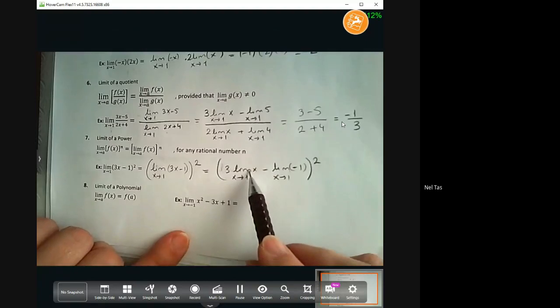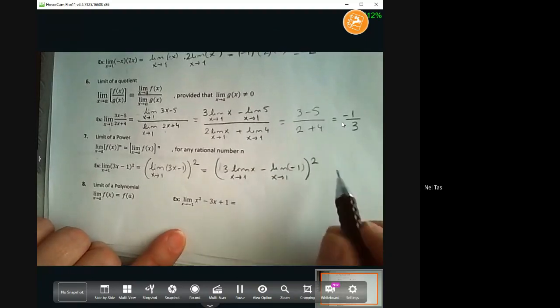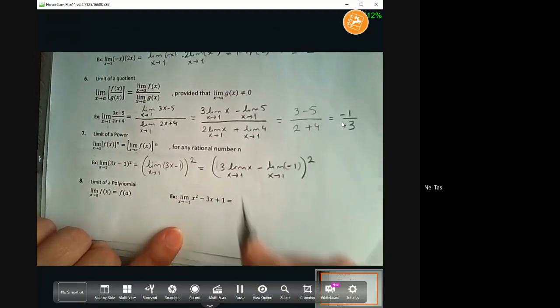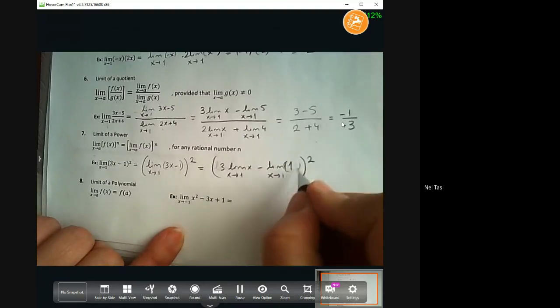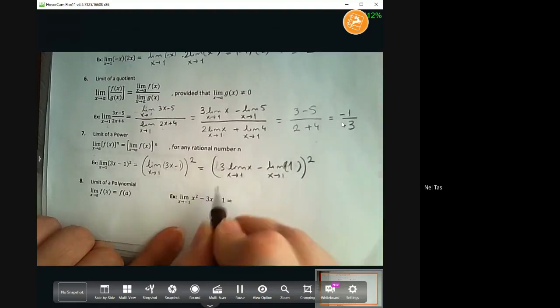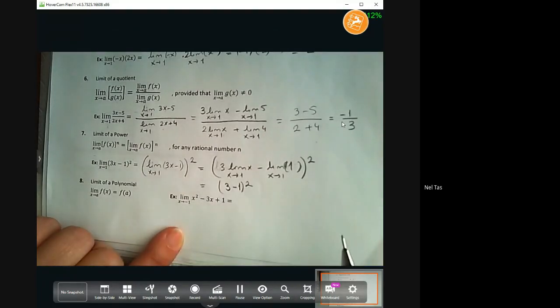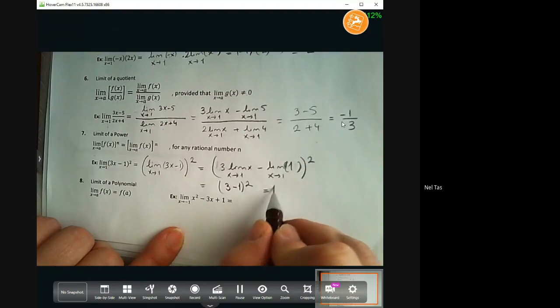So that gives you 3. Oops, if I put negative 1 there, I should put positive 1 here. So that gives us 3 minus 1 squared. 2 squared is 4.